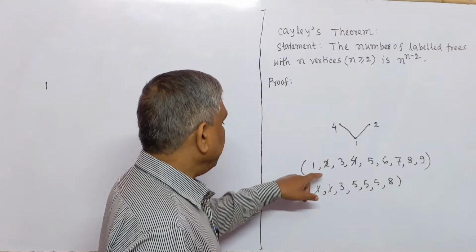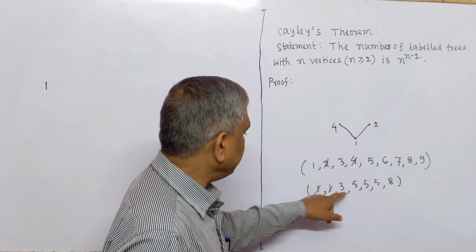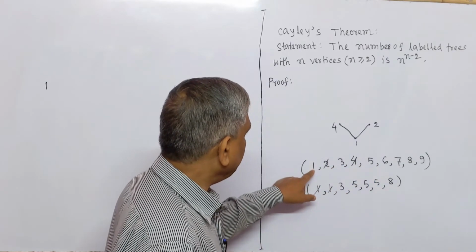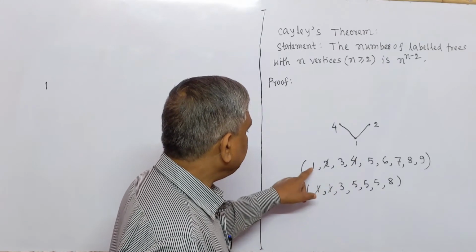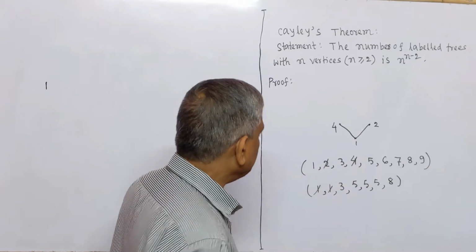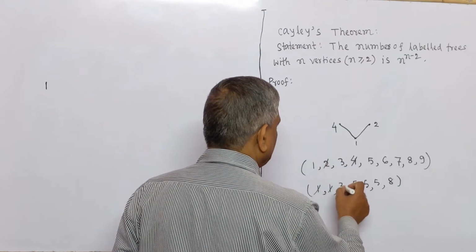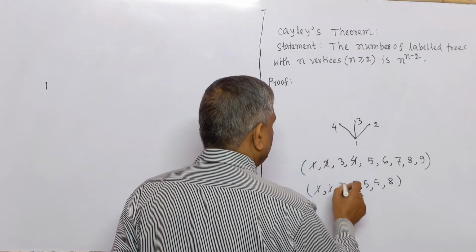Now we take the next number which is not present in the second sequence. Here 1 is not present. We take 1 and then the first number 3. We connect 1 and 3, and we cancel 1 and 3.